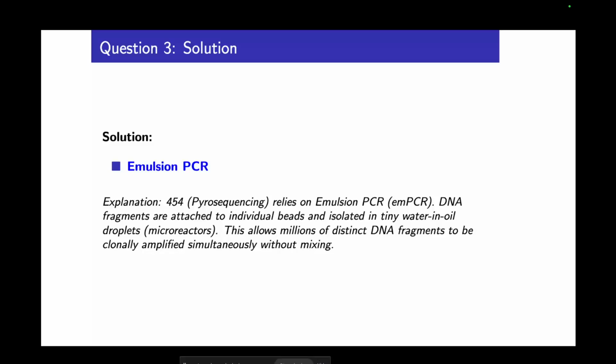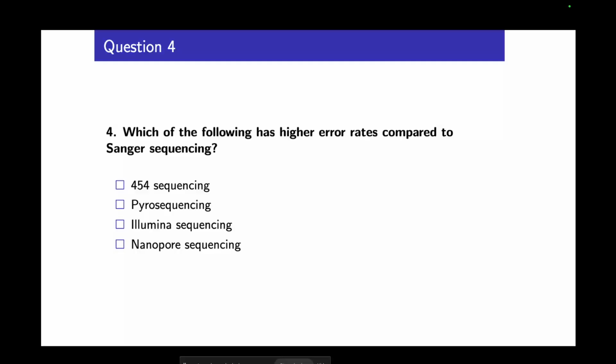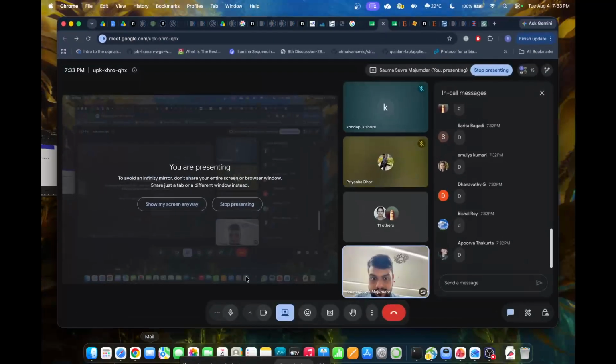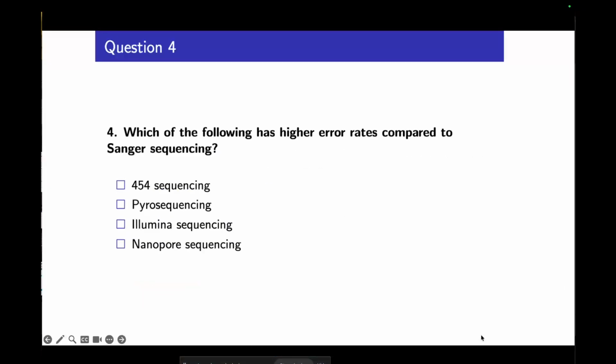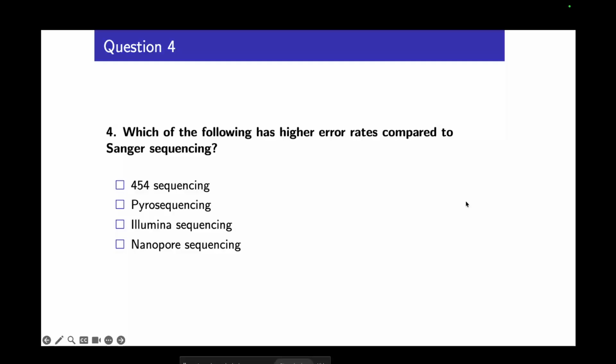So yeah, you do emulsion PCR on that. Okay. I'll wait another 30 seconds.